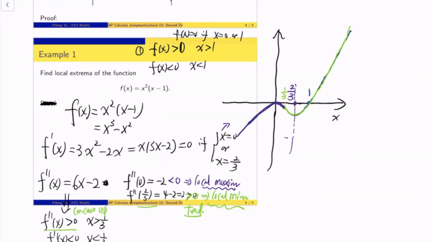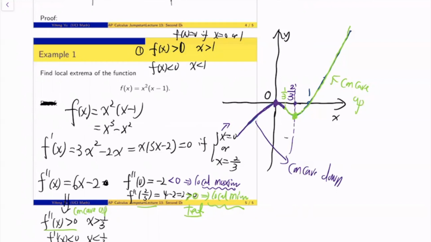So this is x, this is y, and this is 0. This part is concave up, this part is concave down, and here we have a local maximum and a local minimum.